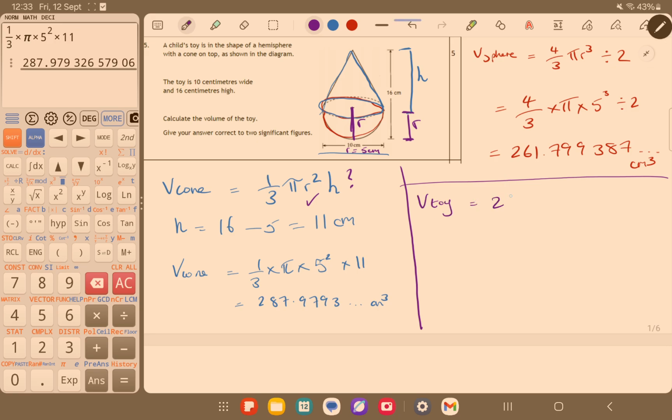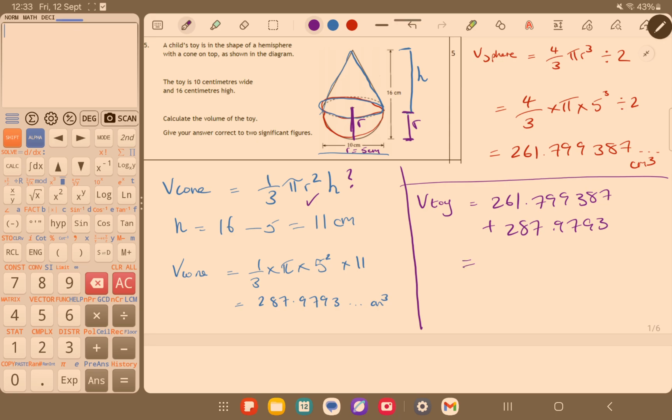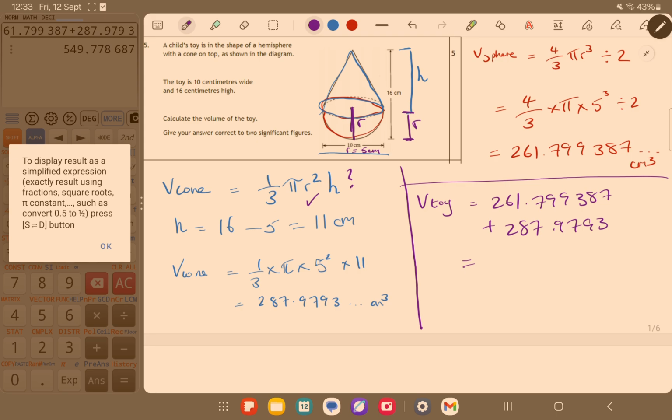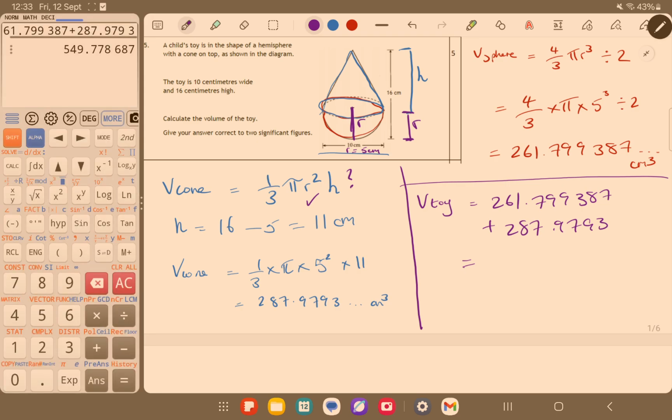So we've got 261.799387 plus 287.9793, and in our calculator, 261.799387 plus 287.9793.